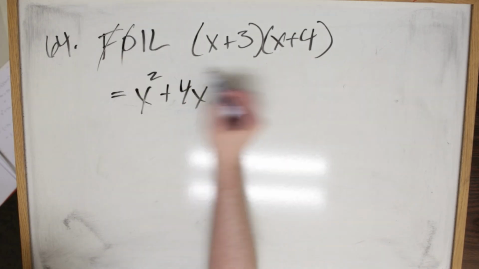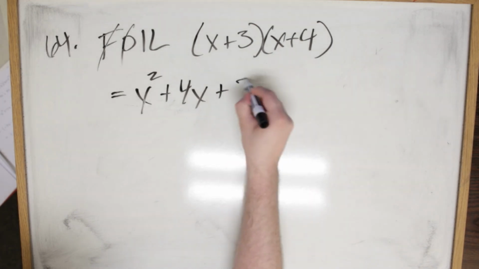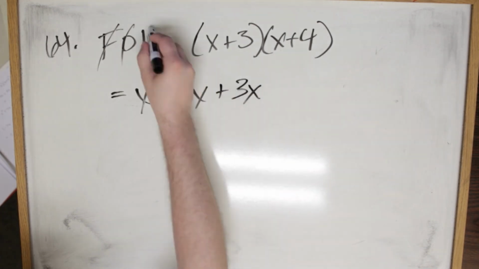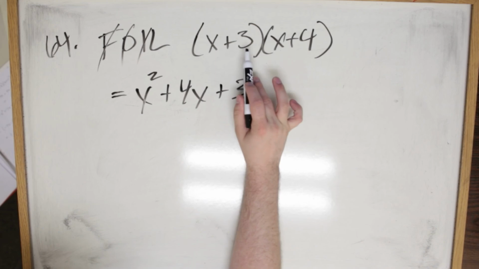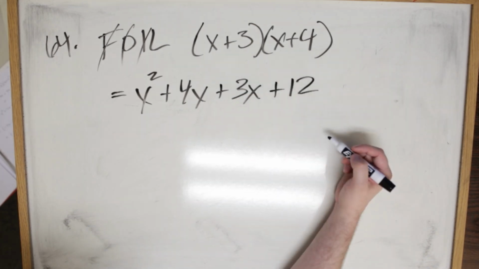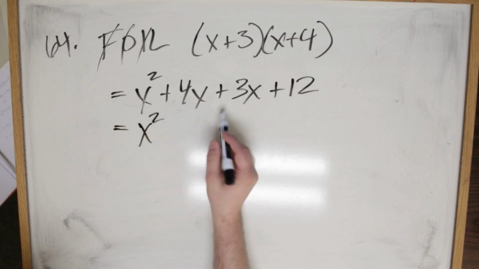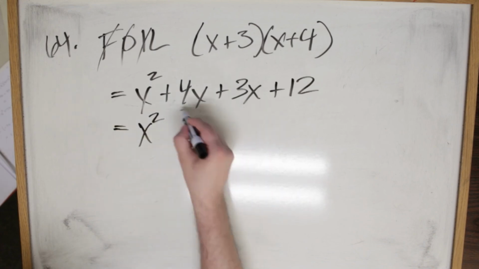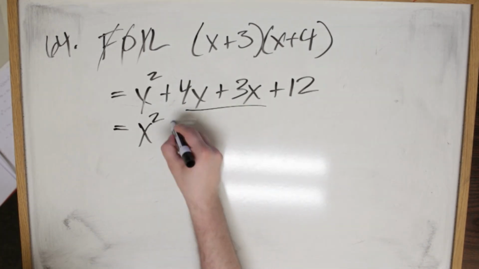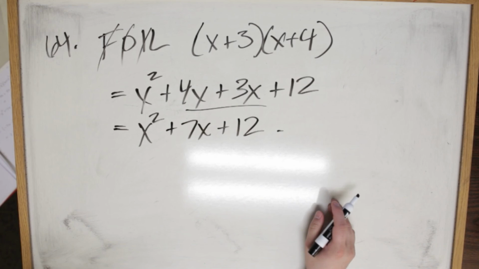The inside is 3 times x. And the last is 3 times 4, which is 12. So this is the same thing as x squared. I can combine the middle terms together, and I get x squared plus 7x plus 12.